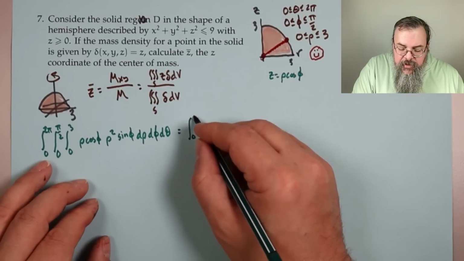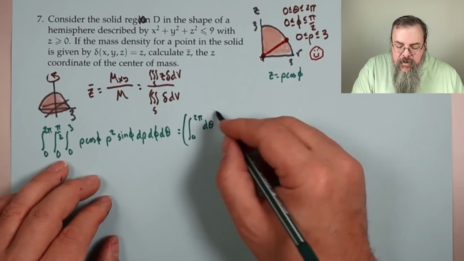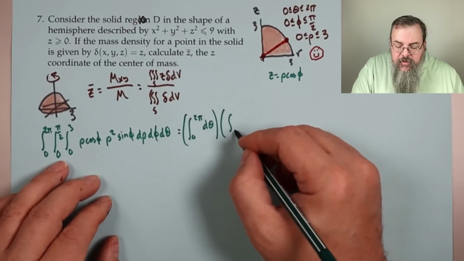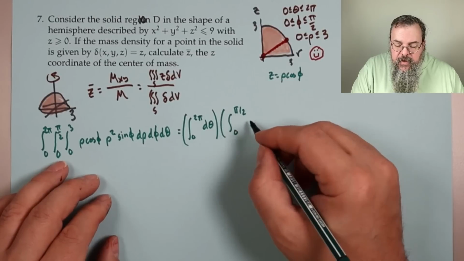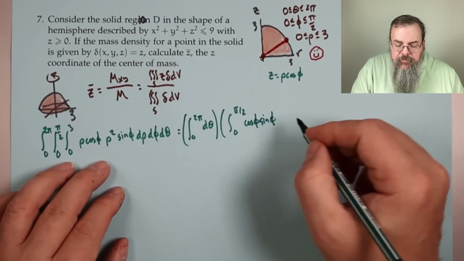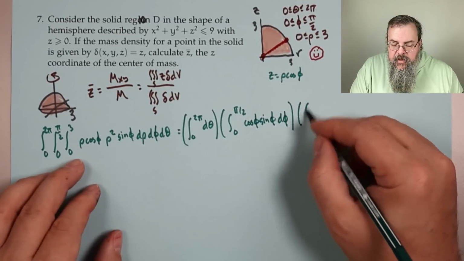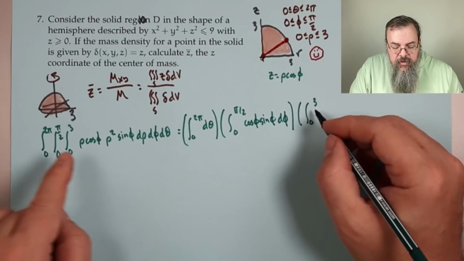Integral 0 to 2 pi d theta, then integral 0 to pi over 2 of cosine phi sine phi d phi, and integral 0 to 3, and let's make sure we get all our rhos.